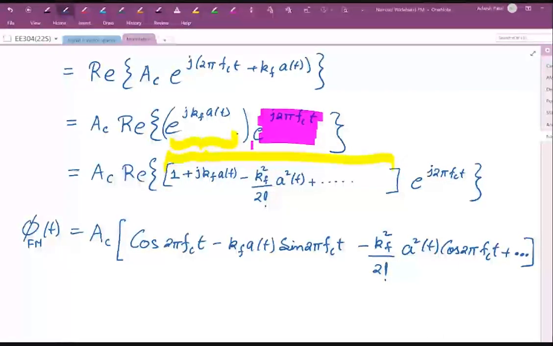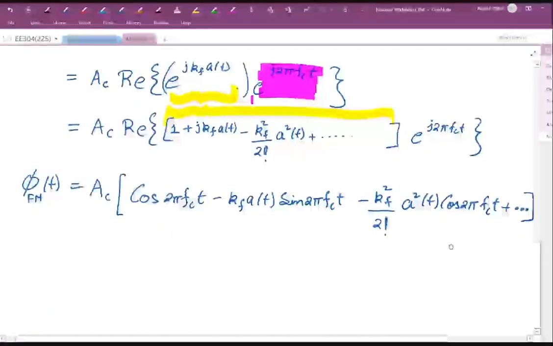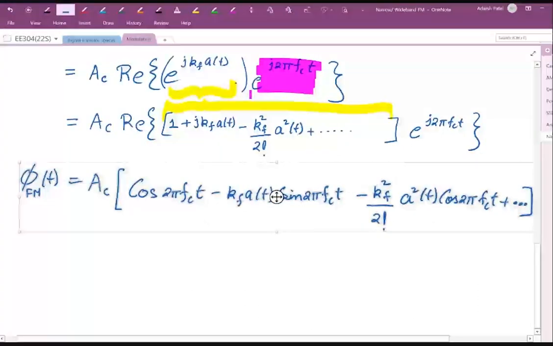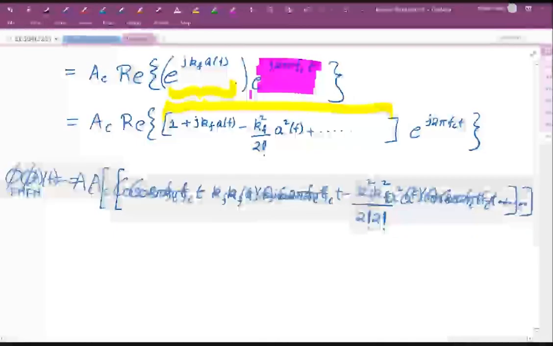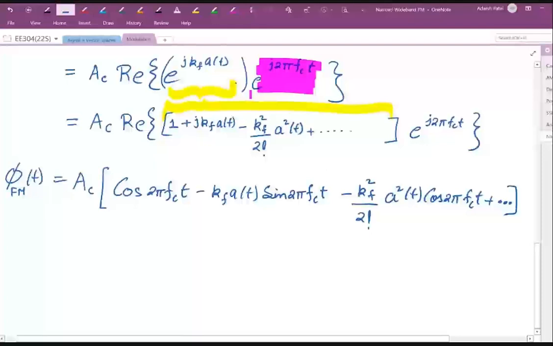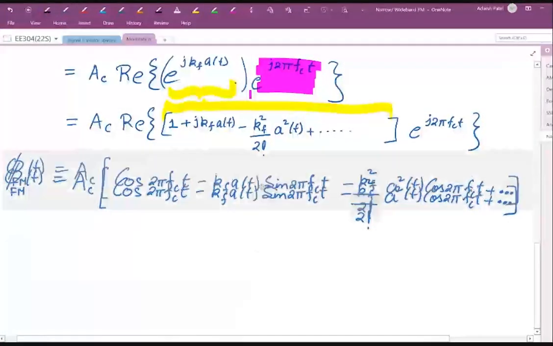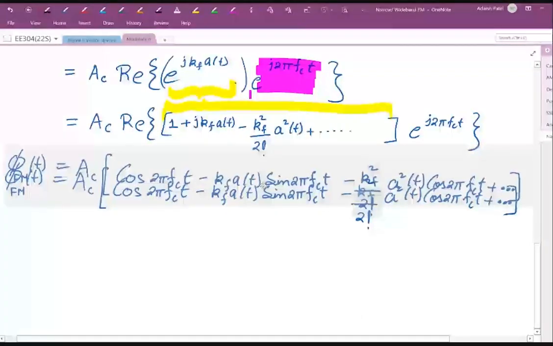So now if I see these individual terms, what can we say about them?